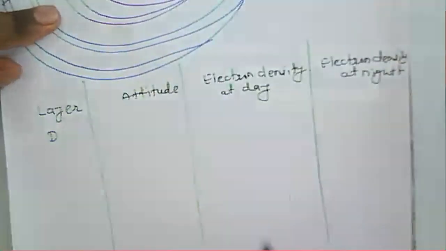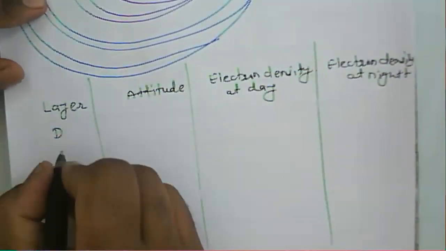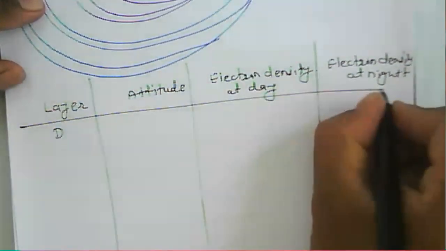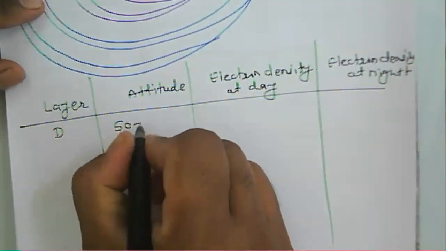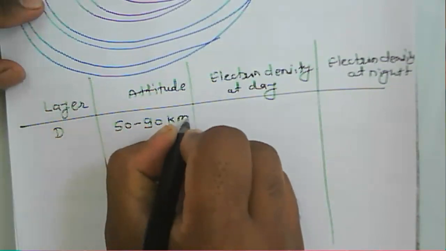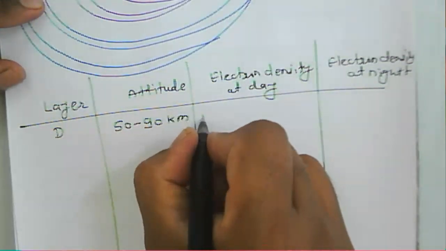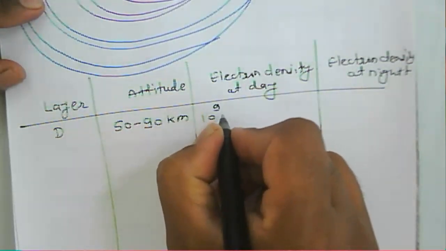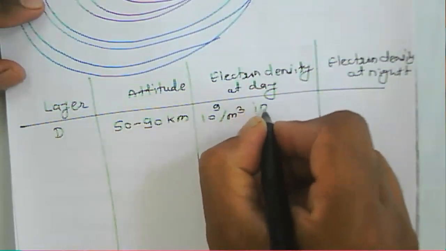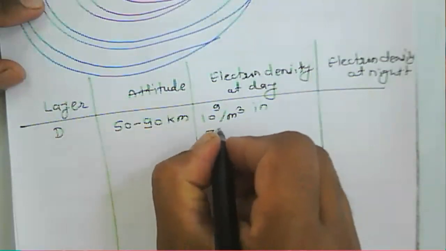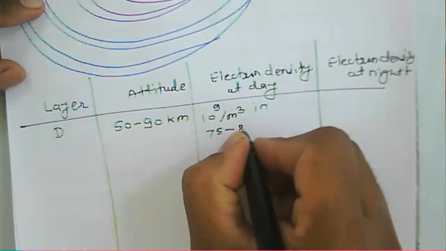So we consider that one by one. So if it is the D layer, the D layer is from 50 to 90 kilometers in length, and that will be from 10 to the power 9 per meter cube in the 75 to 80 kilometer range.